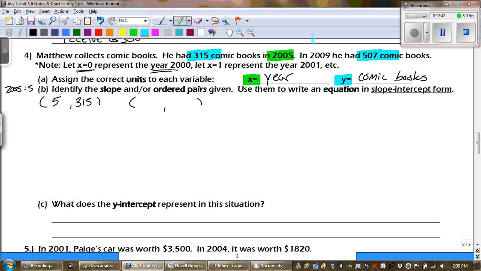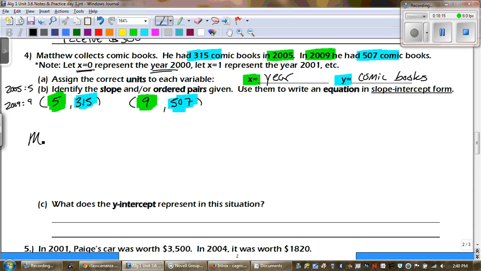Okay? We know our comic books, and then we got 2009. 2009 would be the number 9. Okay, so you have to be very careful that you put them in the right order. Your x's go first, and then your y's. Okay?